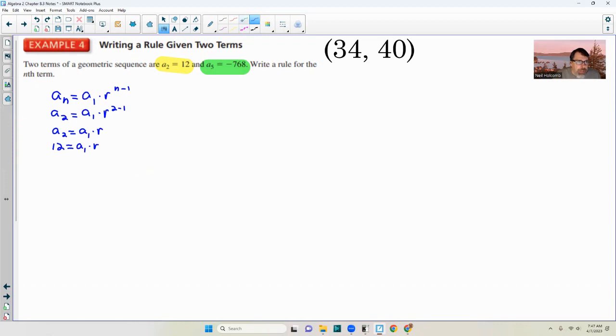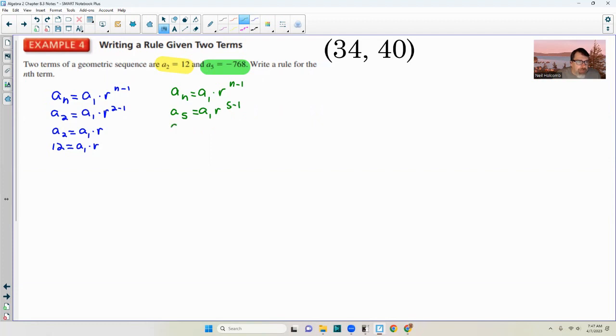All right, so now we're going to do that again. A sub n equals the first term times r to the n minus 1. Our n is 5 this time, so a sub 5 equals a sub 1 times r to the 5 minus 1.